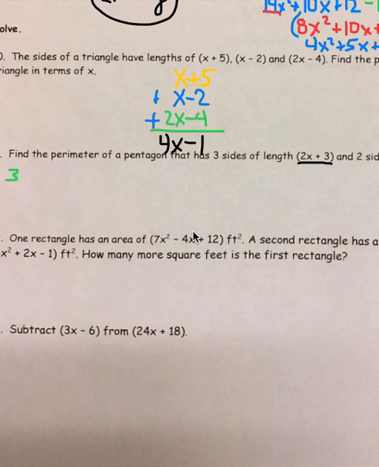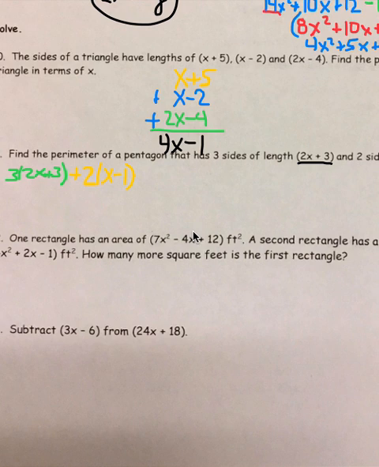So they did 3 times 2x plus 3, if I can write it down. And then they had plus 2 times x minus 1.